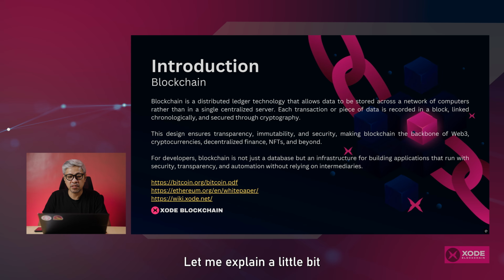Let me explain a little bit about blockchain. So blockchain is a distributed ledger that allows data to be stored across multiple networks of computers rather than a centralized single server. Each transaction or data that is recorded in the blockchain is recorded in blocks, linked chronologically, and secured through cryptography.